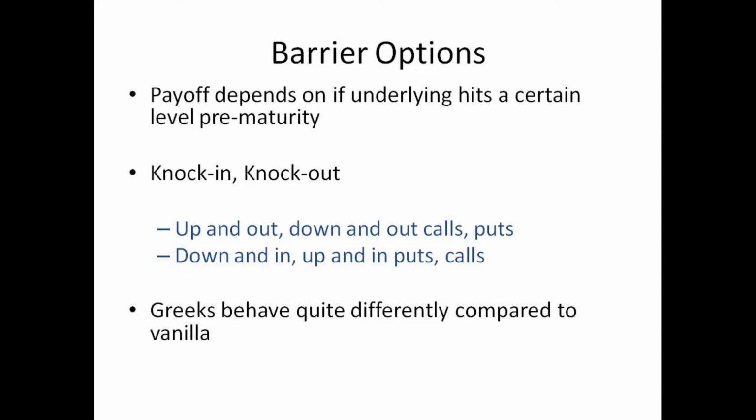So obviously you'd expect an option that has to knock in would cost less than a vanilla call option, because it has to do two things in order for you to get your payout, while with a vanilla option it just has to go up. And so people like to buy barrier options simply in order to make it cheaper for themselves so they can spend less on premium.